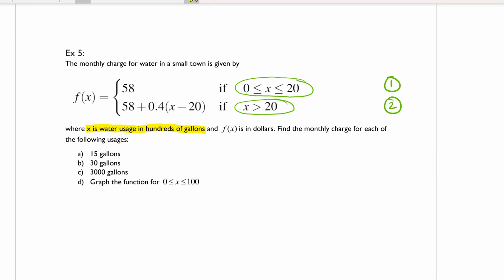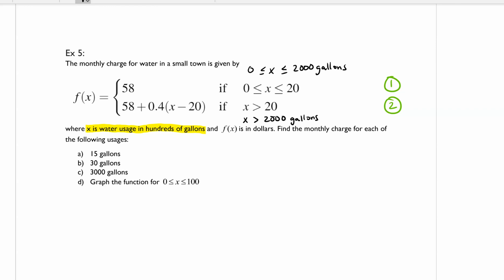So really our intervals should be when x is between 0 and, if that's in hundreds, then 20 would really be 2,000 gallons. And then this one should be x is greater than 2,000 gallons. That is placed there to be a little bit tricky.